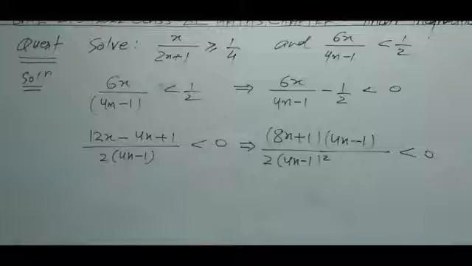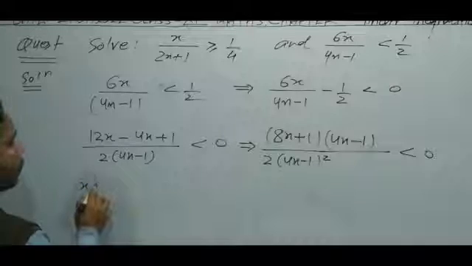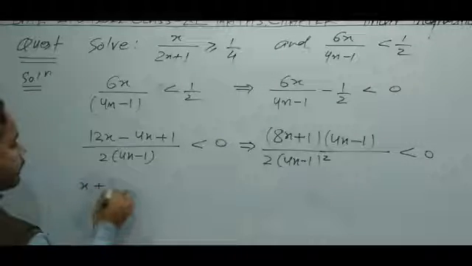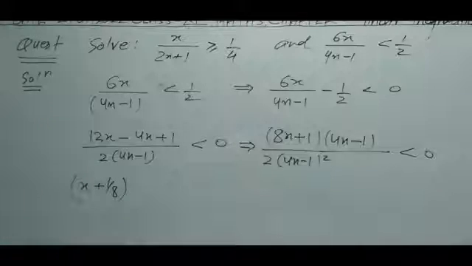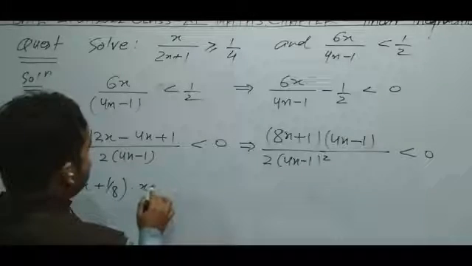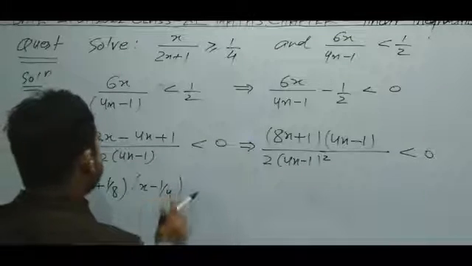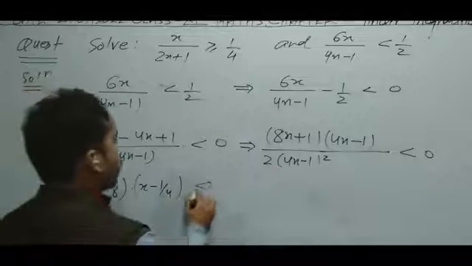And now what result can we get? When you take 8 common, x plus 1 by 8 into x minus 1 by 4. So minus 1 by 8 and 1 by 4 are also here. And this is less than 0.